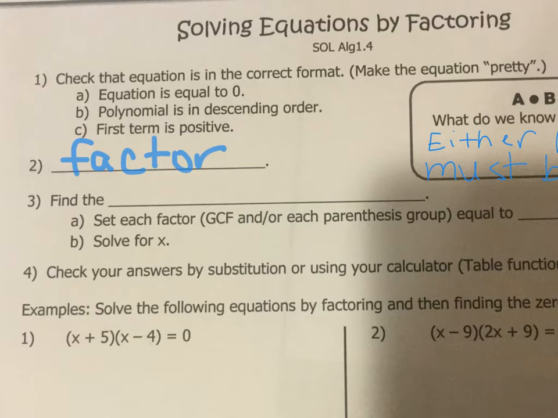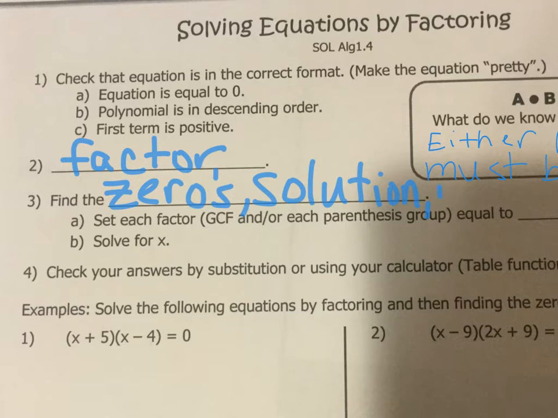So our goal of solving equations is to find where the graph intersects the x-axis. And remember, solutions were also referred to as zeros of a graph, and sometimes we also refer to these as roots.